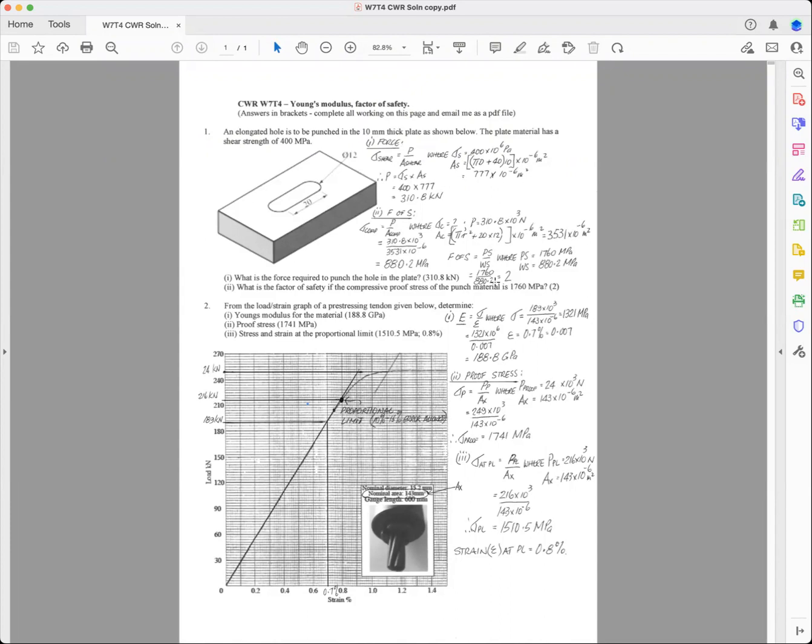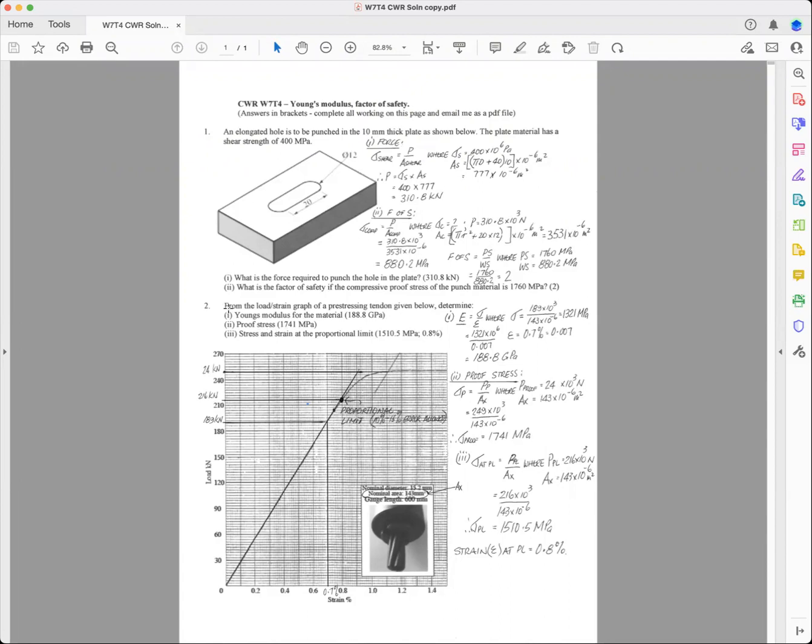And notice that those diagrams that I've given you there are stress strain diagrams, but this one down here is a load strain diagram that we'll have a look at in a minute. Okay, so that should be okay now.